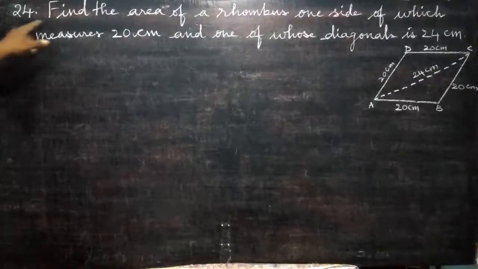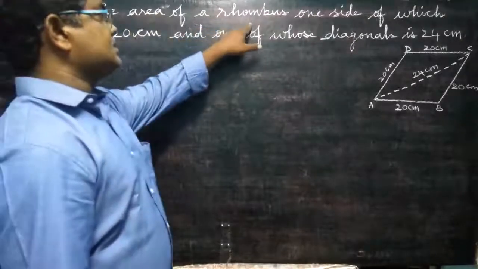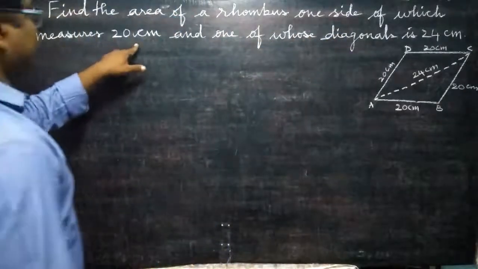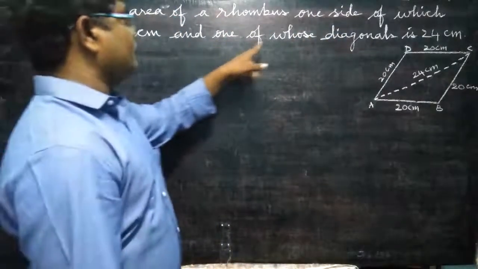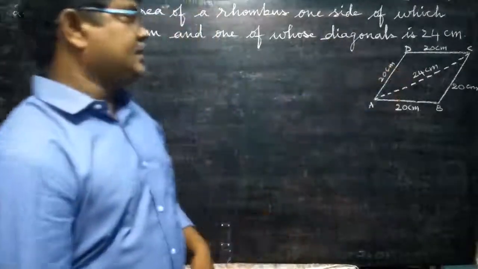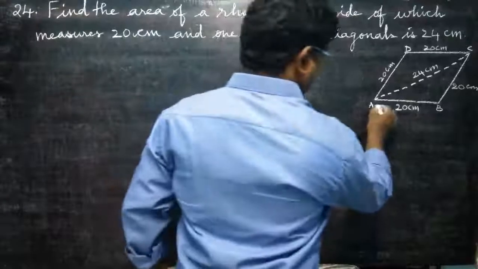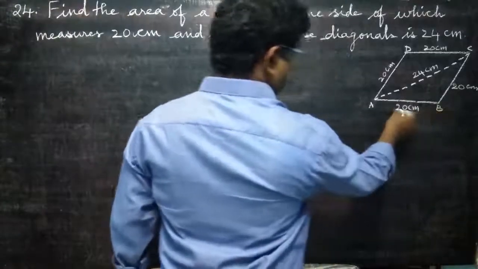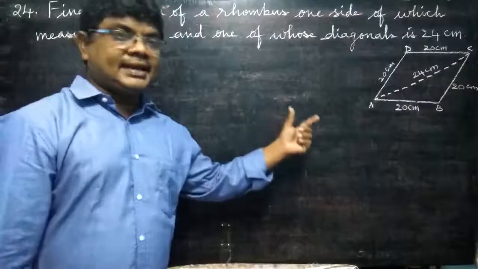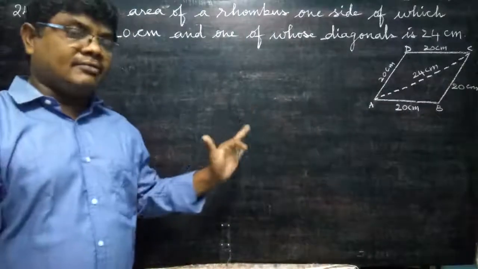24th problem. Find the area of a rhombus, one side of which measures 20 centimeters and one of whose diagonals is 24 centimeters. The side of a rhombus is 20. So in a rhombus all sides are equal but diagonals are not equal.